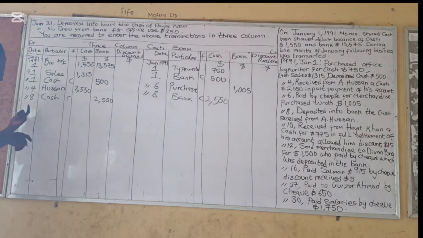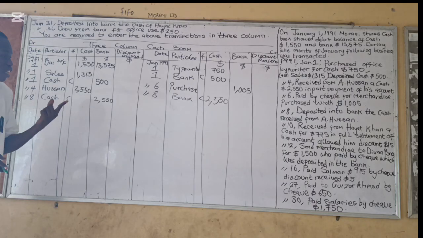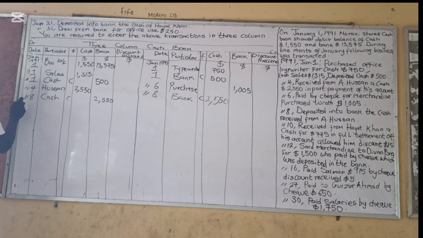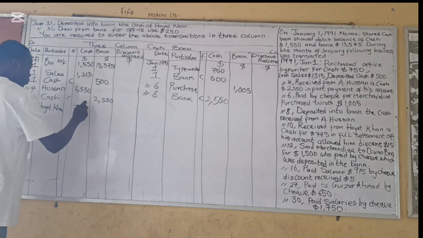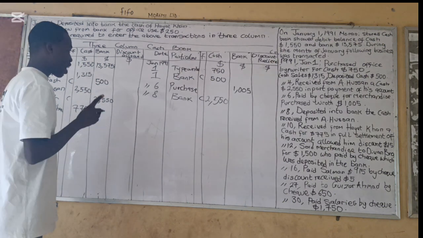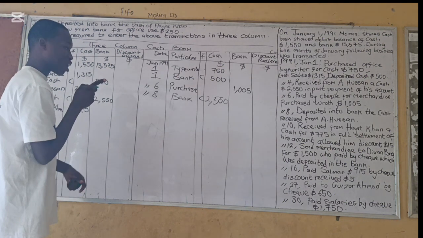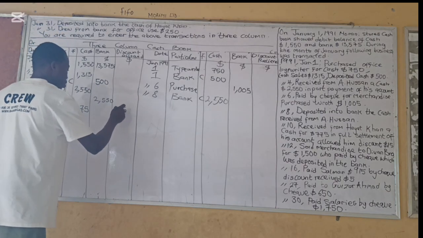You are receiving money, right? The debit side. Is it in cash or bank? Cash. So you have the dates, then who is that? Ayant Khan. In cash, which is $775, right? And you are allowed a discount, and the discount you are allowed is $15.